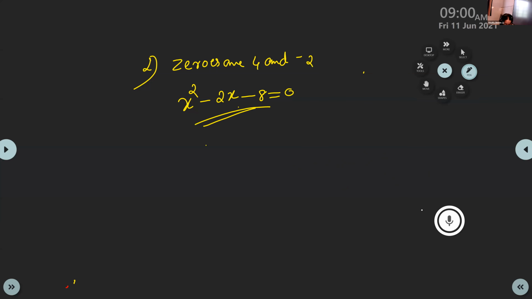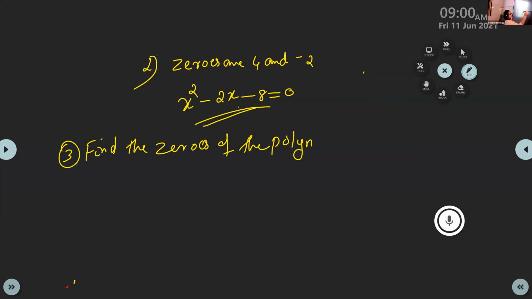Next question. Find the zeros of the polynomial x square plus 7x plus 12.